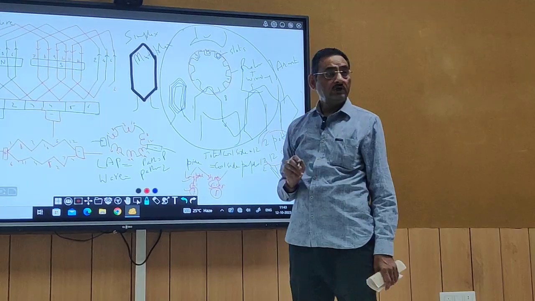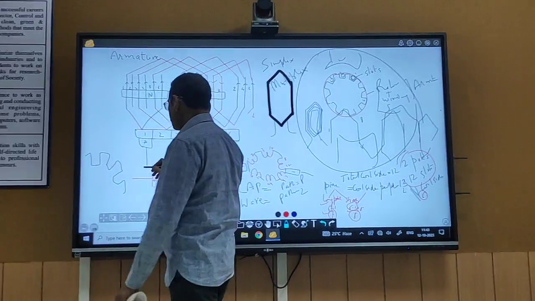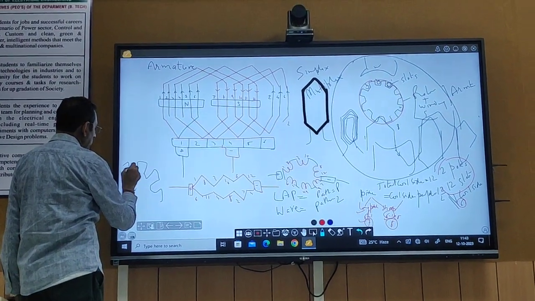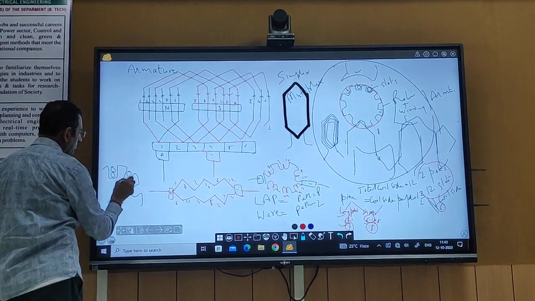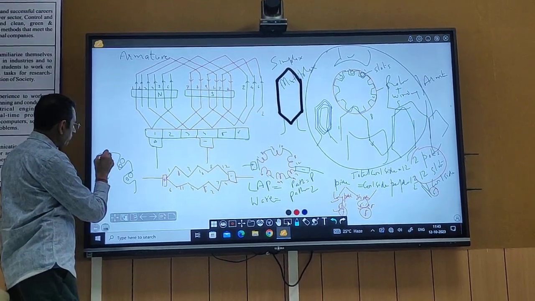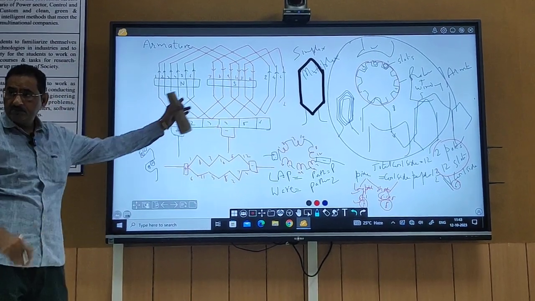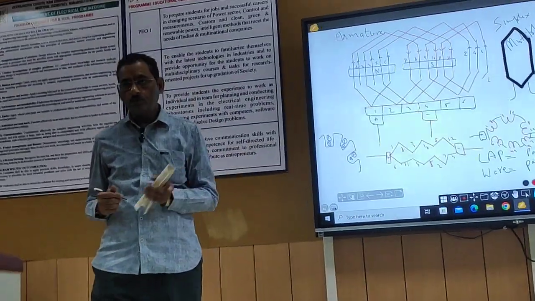But if each slot has two coil sides, means 1, 2, 3, 4, 5, 6, the binding will be the same, only it will have the double, so it is called the duplex.